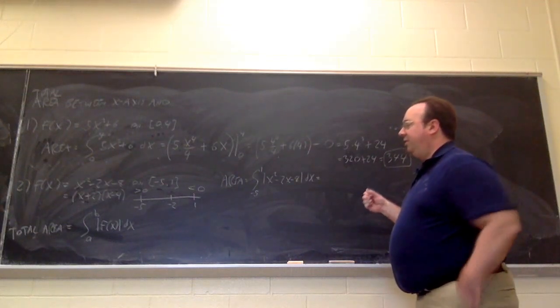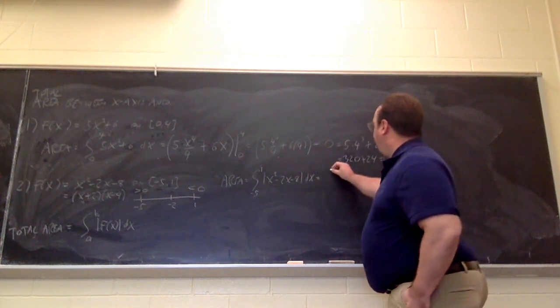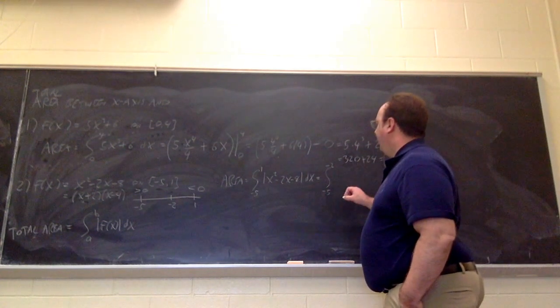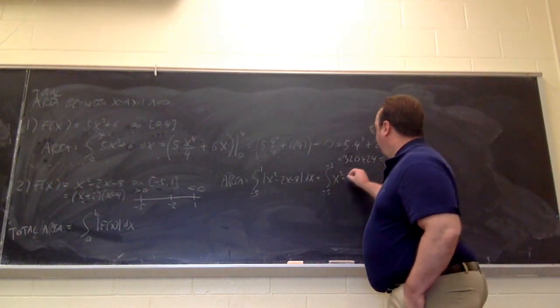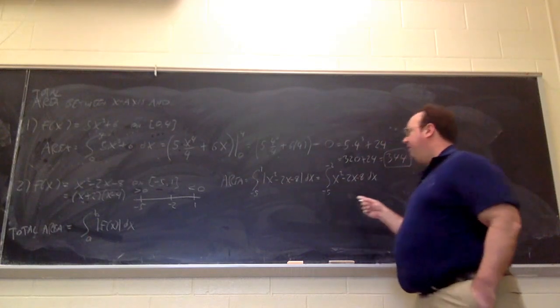What I would do here, since it's positive on one part and negative on the other part, is break this up into two integrals. First, from minus 5 to minus 2 of the function without the absolute value, and I can do that because it's positive there.